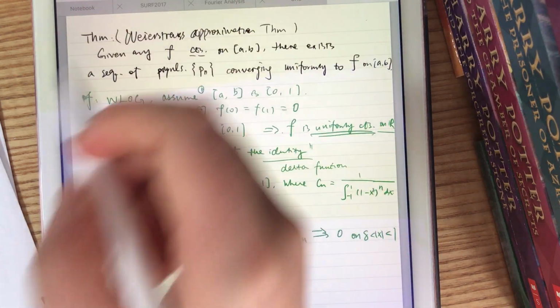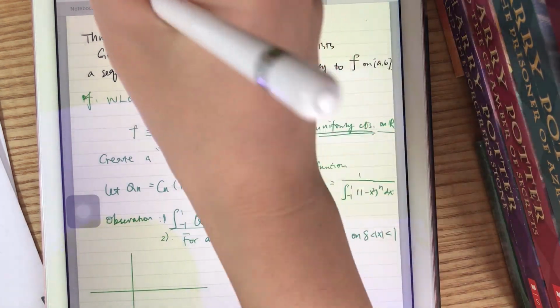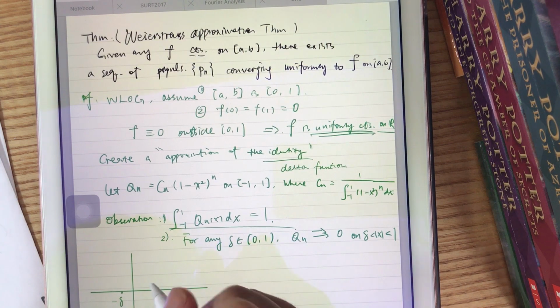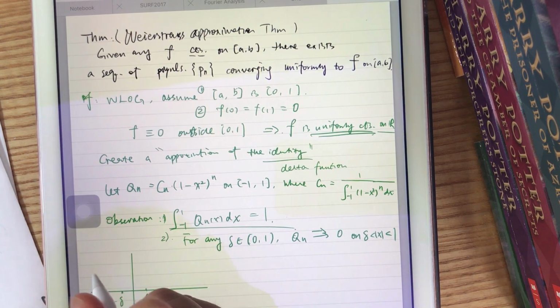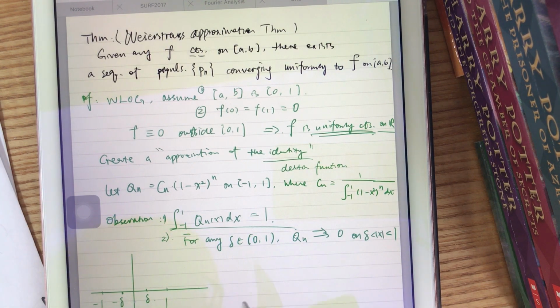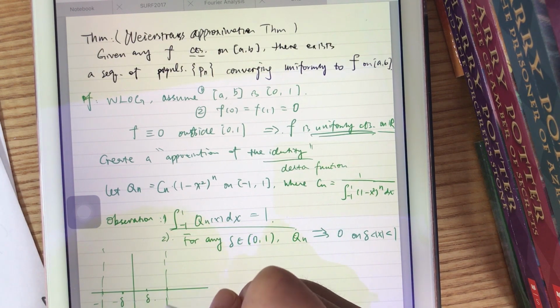So if we draw a graph like this, here minus delta, and here's 1, minus 1 and 1. So the function is defined between minus 1 and 1.